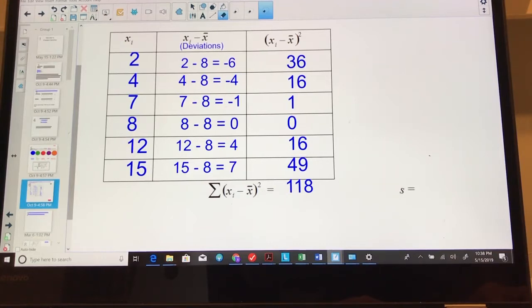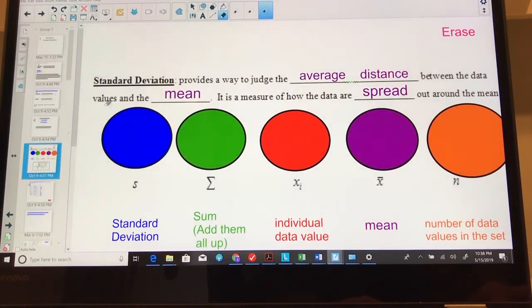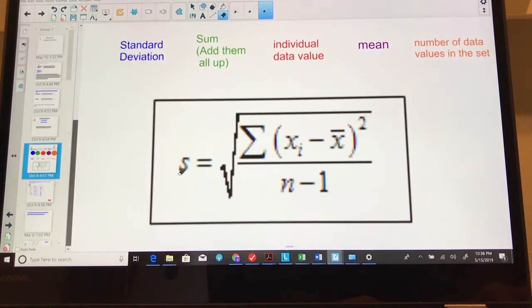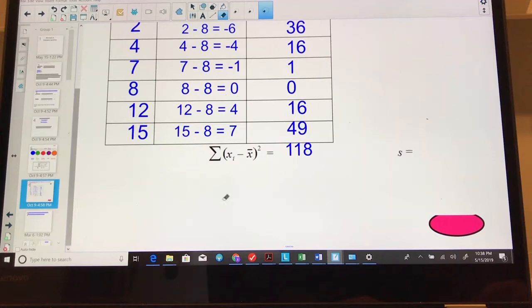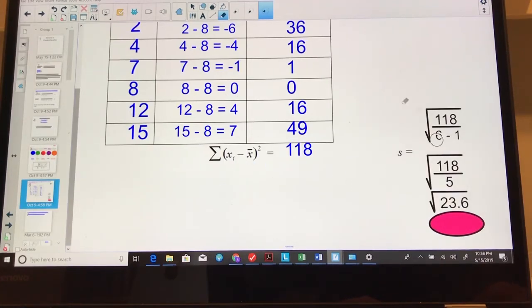Looking back at our formula here, we're going to take the square root of the sum of x minus x bar squared divided by the number of pieces of data minus 1. So we're going to go ahead and plug this in.